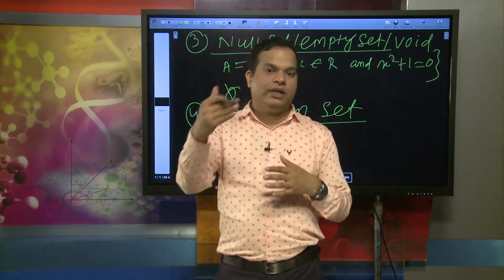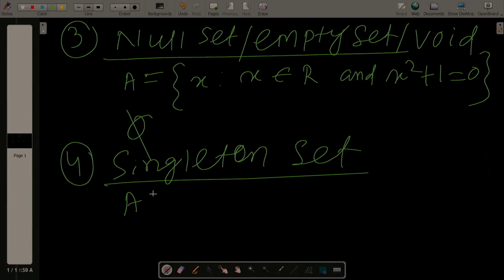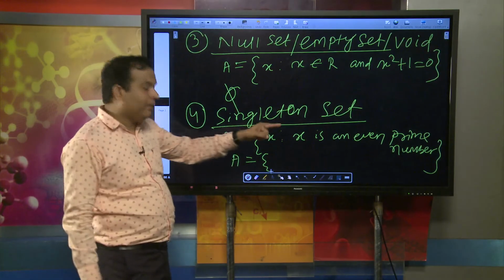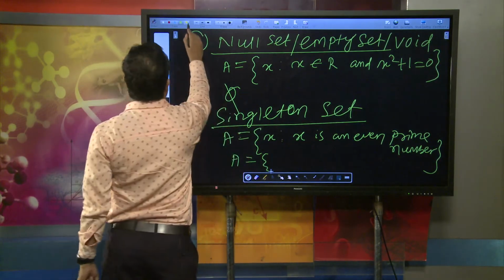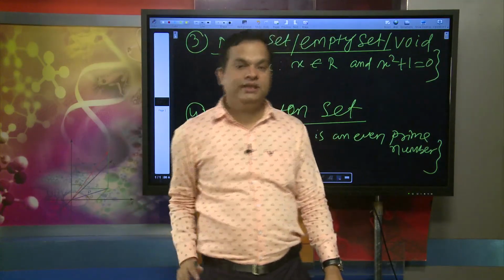If I tell you in mathematical language, suppose A is the set {x such that x is an even prime number}. Remember, how many even prime numbers are available in the number system?